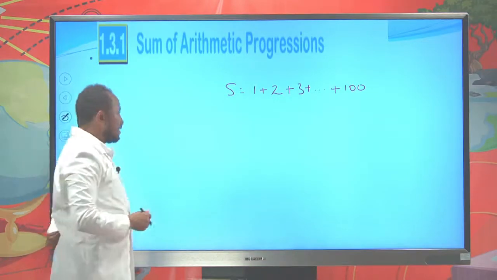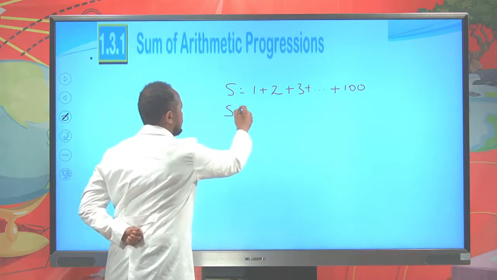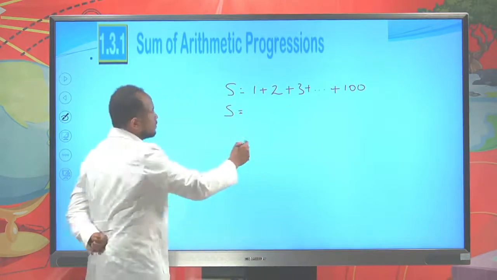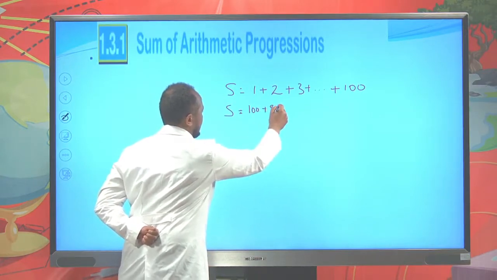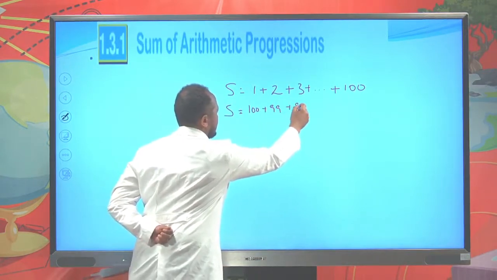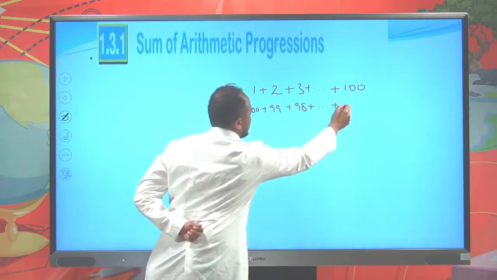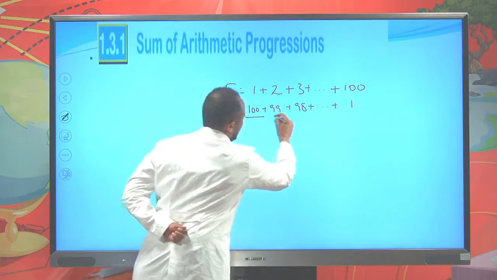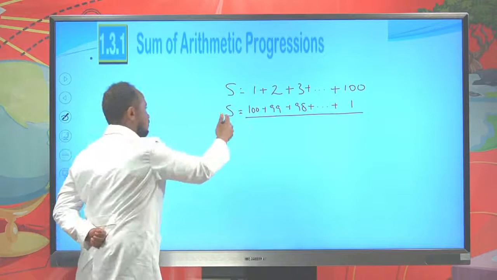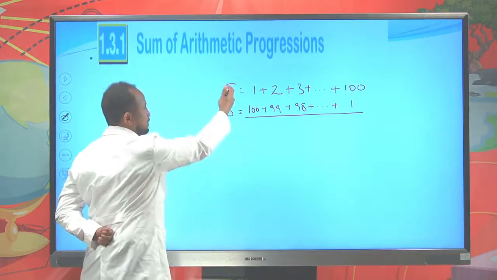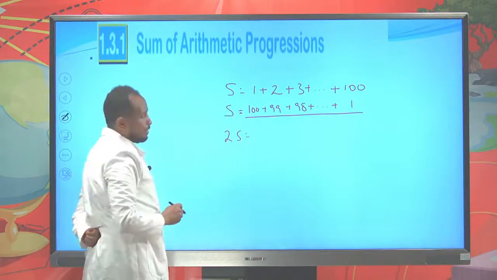Then he added it again, twice, by writing it from 100 down to 1: 100 plus 99 plus 98 and it goes on up to 1, and then added the two. The sum will be twice the sum of the first 100 natural numbers.